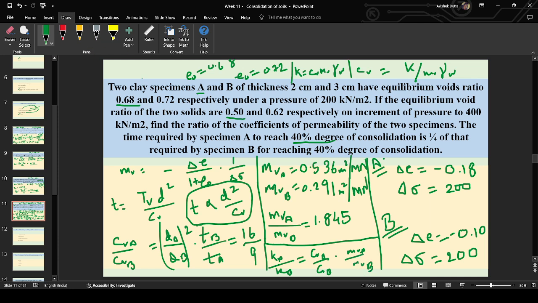Now what is the answer? Approximately 3.28, you are getting, right?